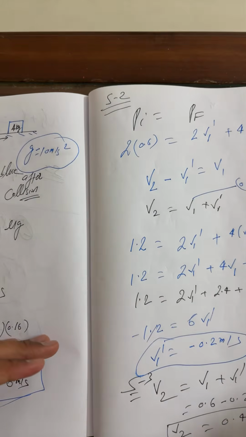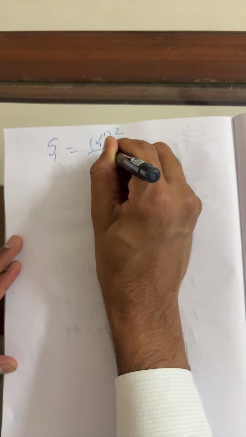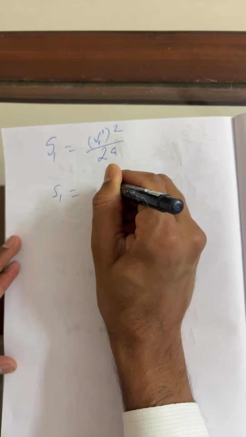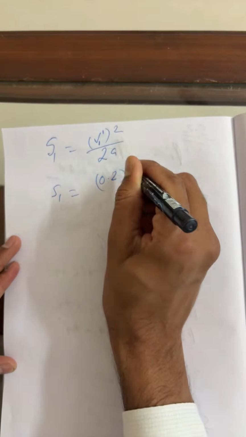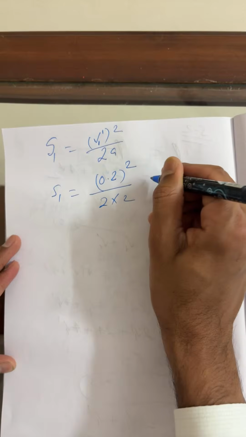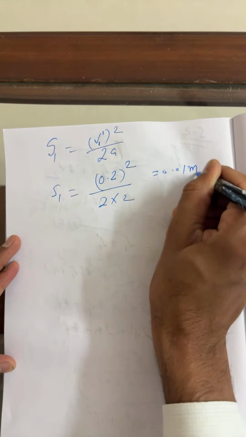So S1 is v1 prime whole square upon 2a. S1 is 0.2 whole square upon 2 into 2, which is 4. So this is 0.01 meter.